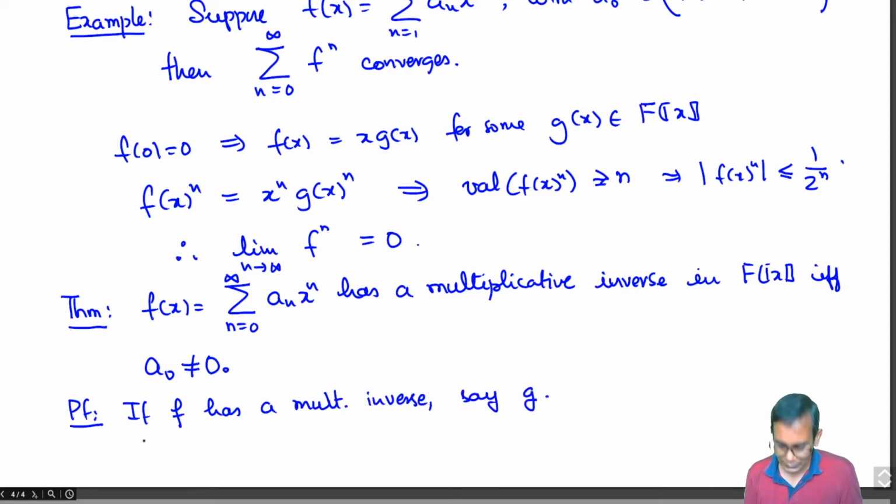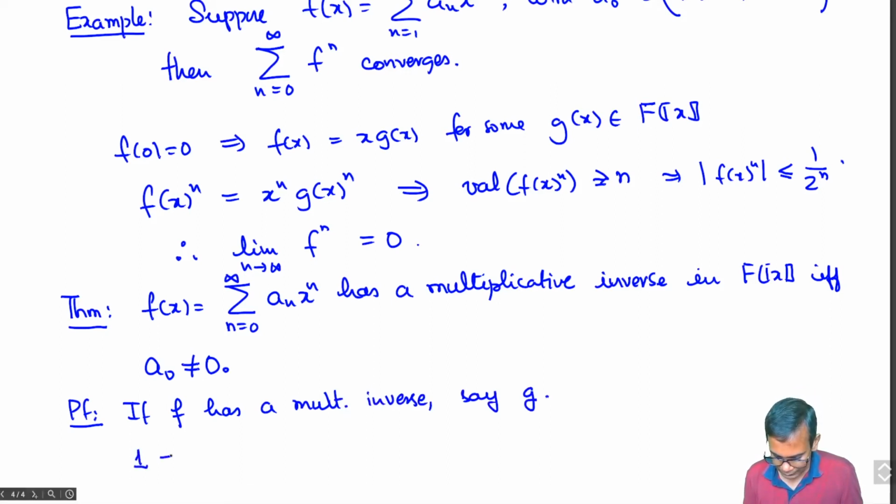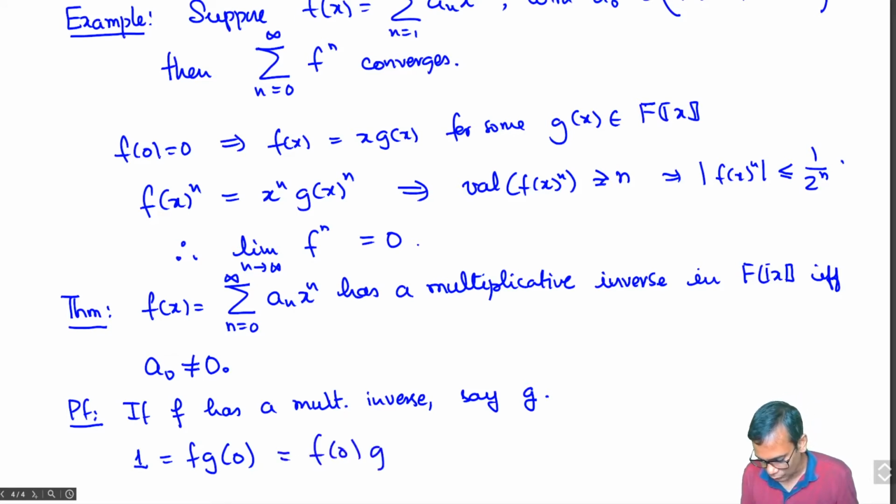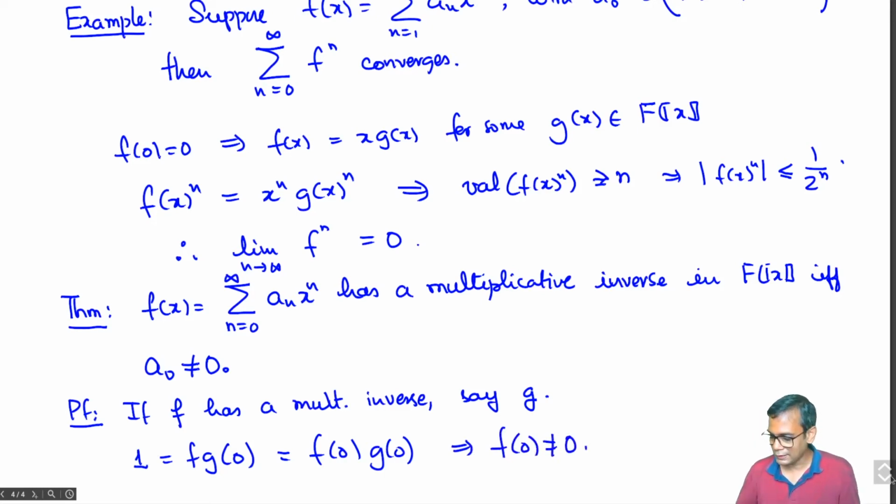Then what's easy to see is that 1 is equal to fg, but if I evaluate it at 0, that should still hold, by which I mean take the constant term. But this is equal to f(0) g(0). So this means that if f(0) times something is 1, then f(0) is not equal to 0. Okay, so that way is easy.